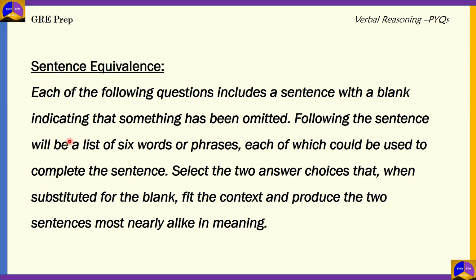Following the sentence will be a list of 6 words or phrases, each of which could be used to complete the sentence. Select the 2 answer choices that, when substituted for the blank, fit the context and produce the 2 sentences most nearly alike in meaning. So for this particular type of question, we need to find out 2 answers that can be correct.